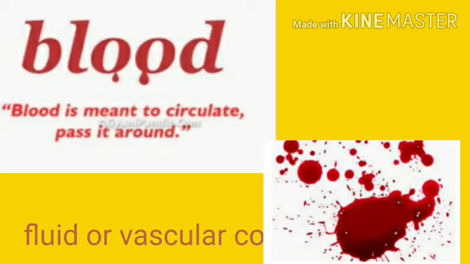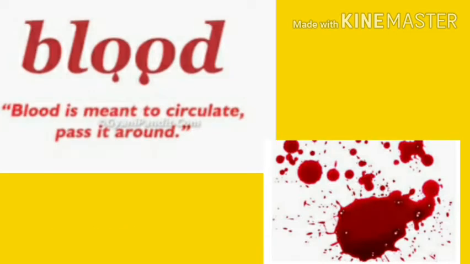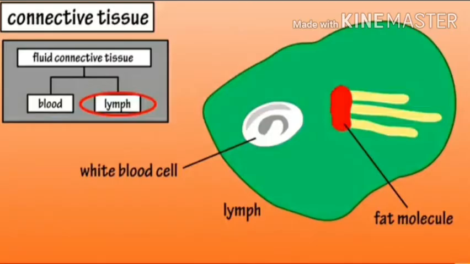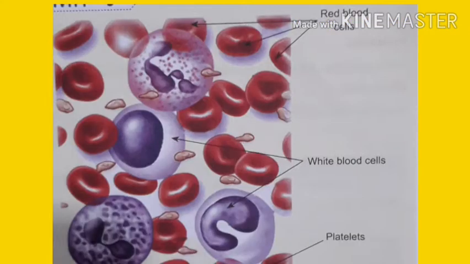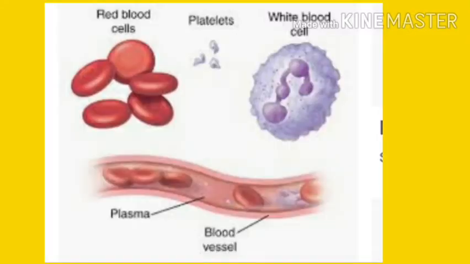Fluid connective tissue or vascular tissue. It is a special type of connective tissue which differs from connective tissue in the following characters. Number 1, the matrix is fluid and fiber free. Number 2, the matrix is not secreted by the cells.